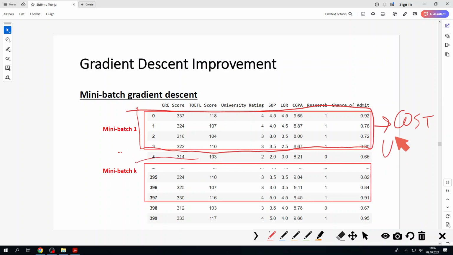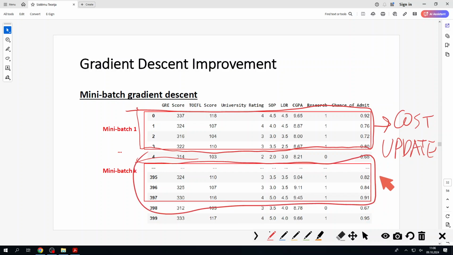So now you have an update, and then you take the next part of the data set, you calculate the cost again, and you do an update again. This is called the mini batch gradient descent algorithm, and it allows you to do multiple updates per one pass of the data set, allowing you to converge to the solution faster.